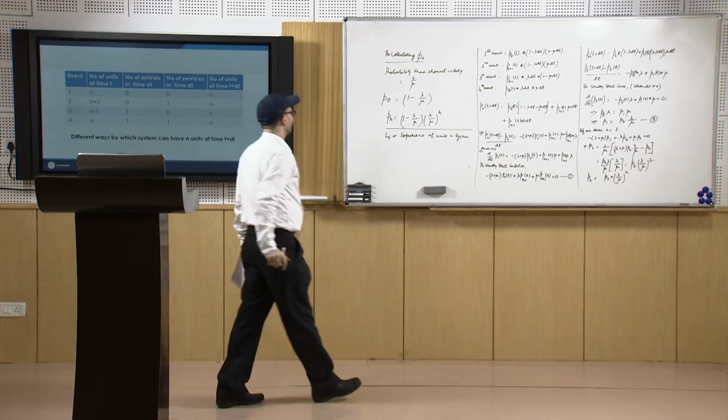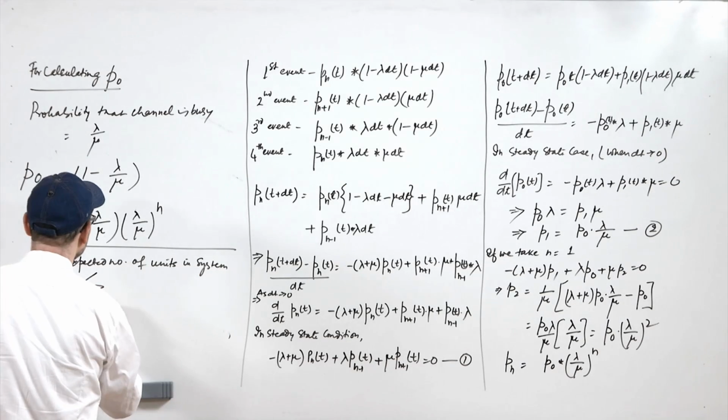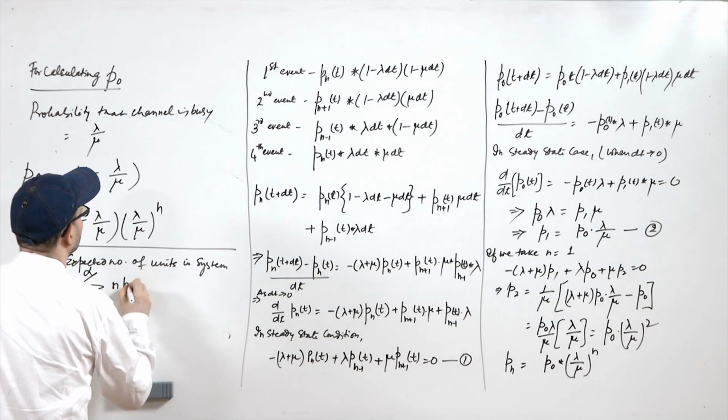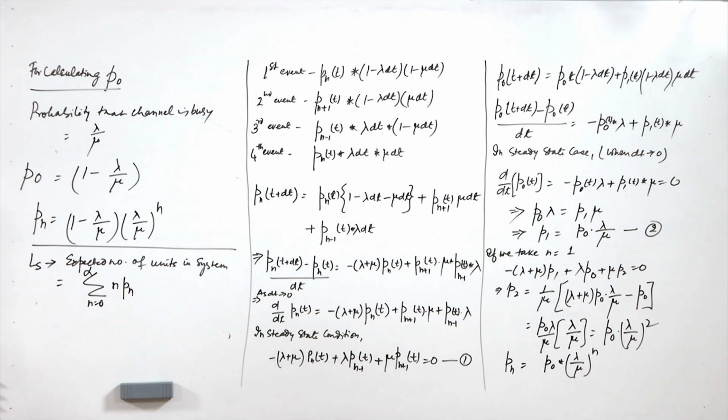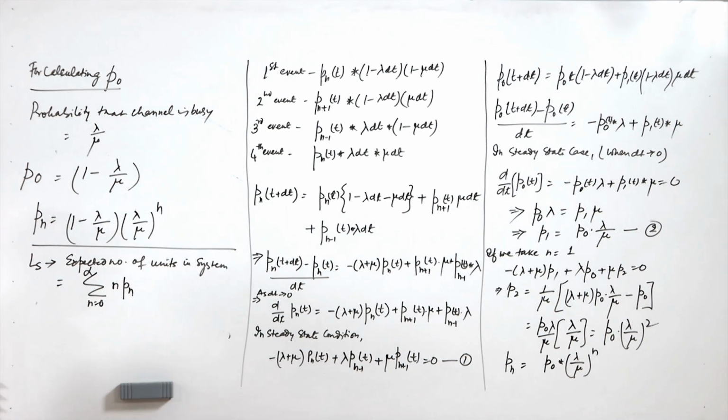That will be the summation from n equal 0 to infinity of n p n. If n is the number of customers at any time, having n customers has the probability p n. So, having 0 customers has probability p 0, 1 customer has p 1, like that, and its addition. So, that will tell you the expected number of units in the system.